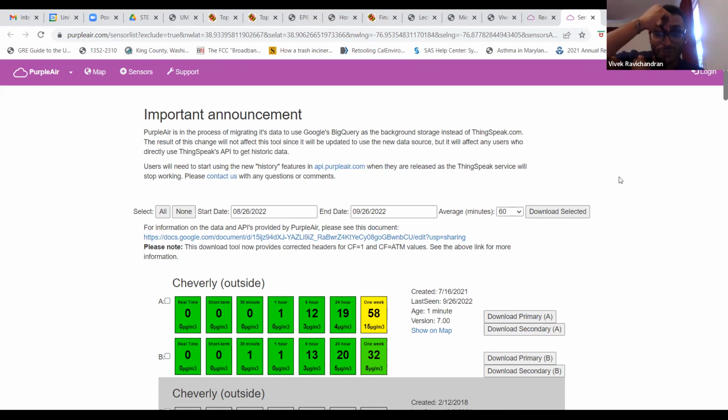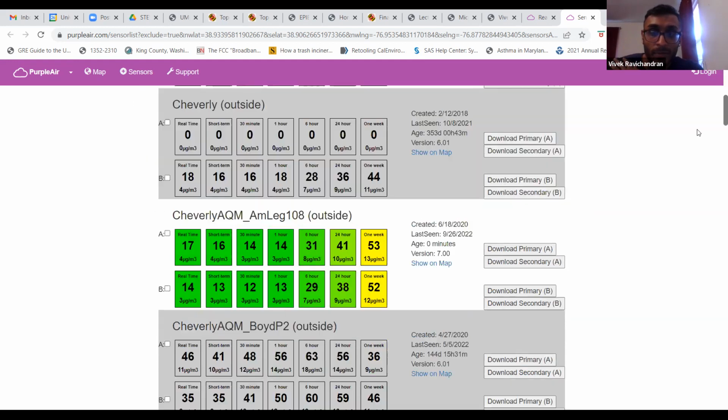You use a daily average for the daily EPA standards for PM 2.5, and then you get your daily averages here. You should get something similar to this, though obviously it will differ based on your monitor.